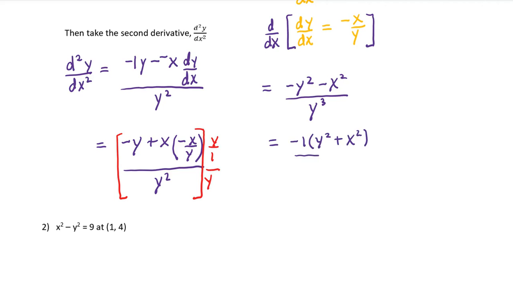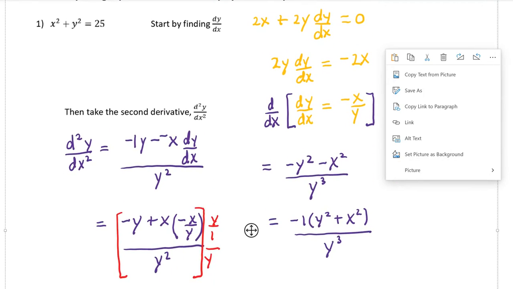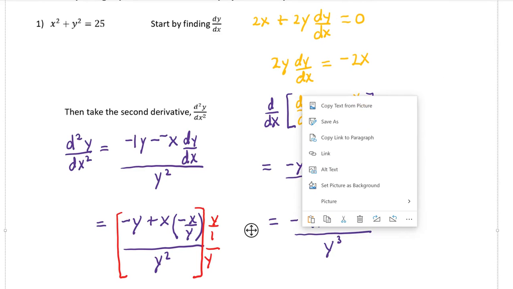Now, normally I wouldn't do this, but on a multiple choice test, they do a lot of simplifying here, because if you take a look back at our original problem, x squared plus y squared equals 25. So what I've seen them do a lot on these tests is this.